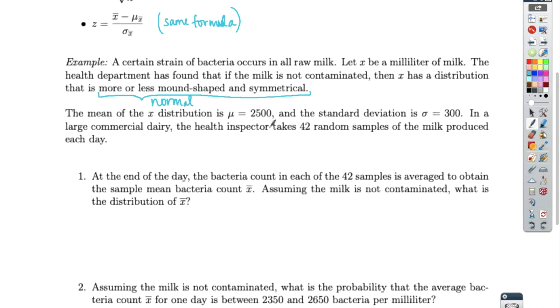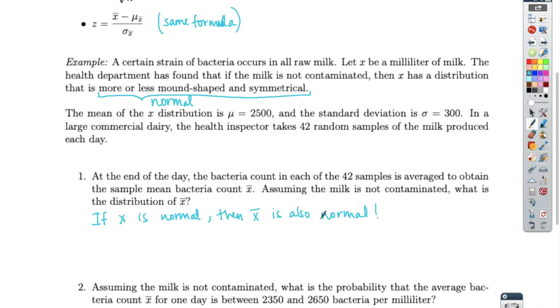First of all, because our original distribution X has a normal shape, we can say if X is normal, then X bar is also normal. And that's what's going on here. So what is the distribution of X bar? Well, because X started out as normally distributed, X bar is also normally distributed.